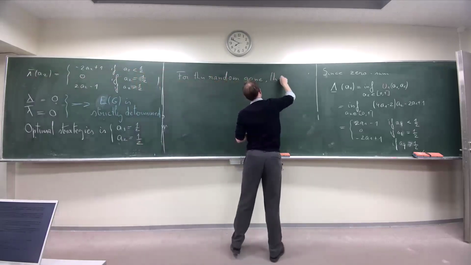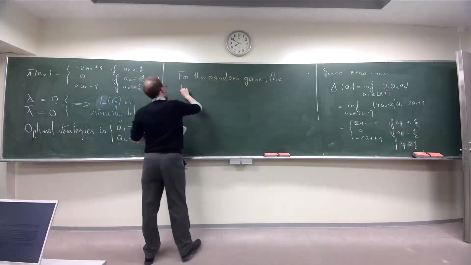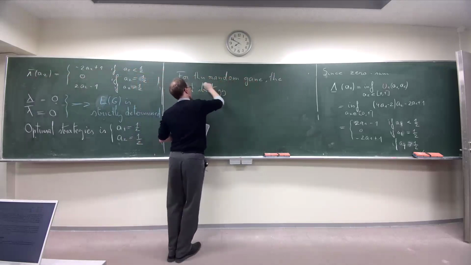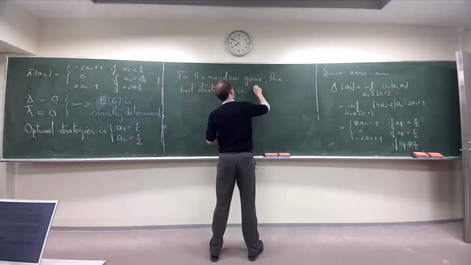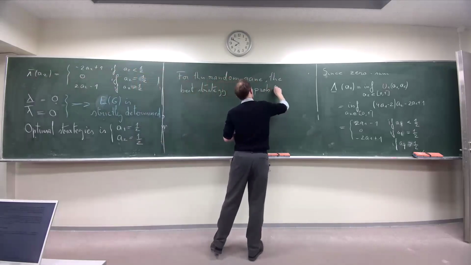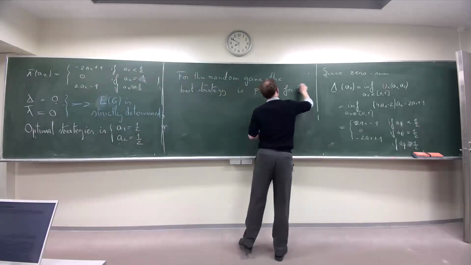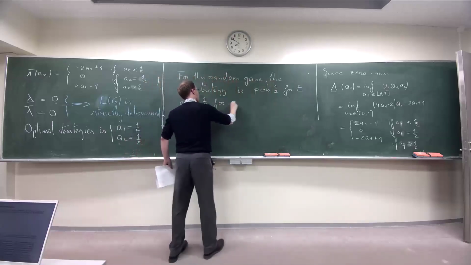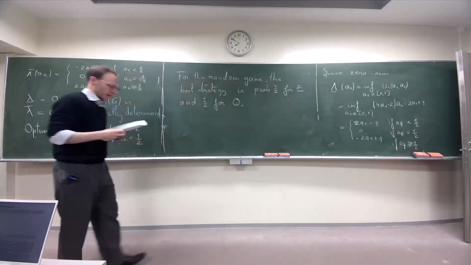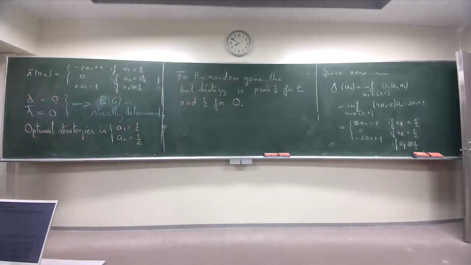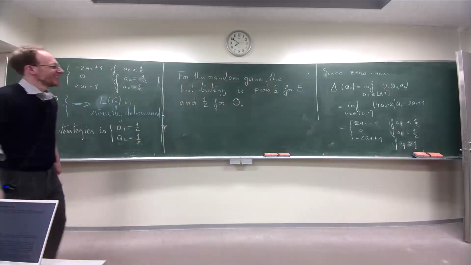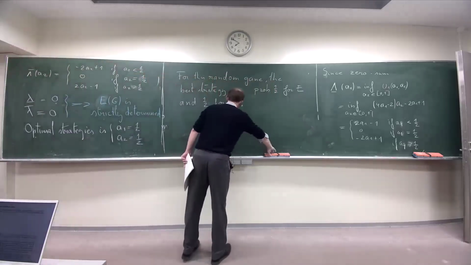The best strategy is clearly probability 1/2 for E and 1/2 for O, which again is not so surprising. Okay, do you have any question? Yes. So you prefer better?